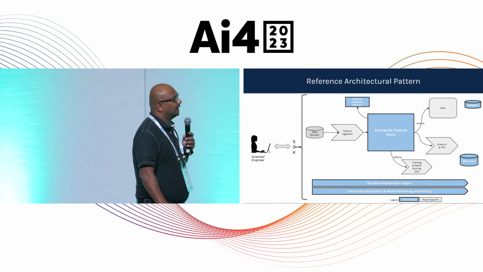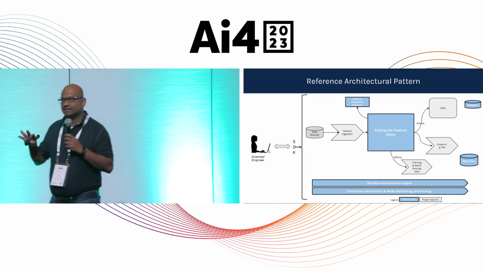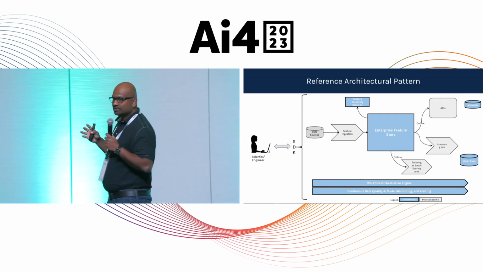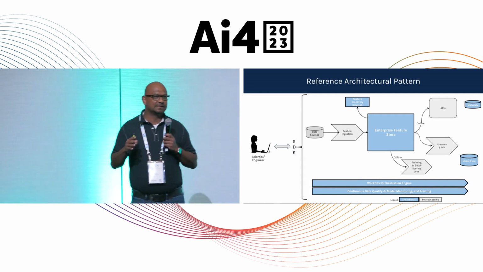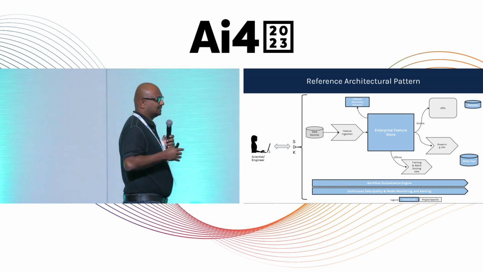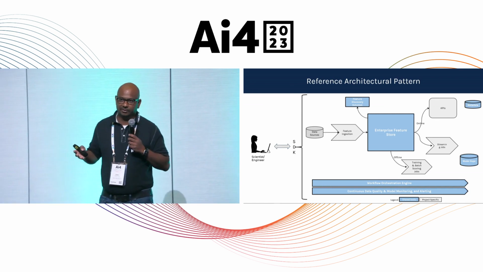So this is the reference architecture I was alluding to earlier. As you can see, front and center of this entire architecture is a feature store. You want to use a feature store that is capable of serving your features both in an online mode as well as a batch mode. You want to leverage the same feature store for your training purposes.